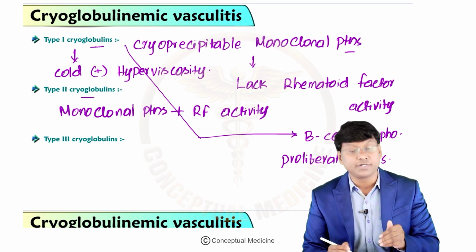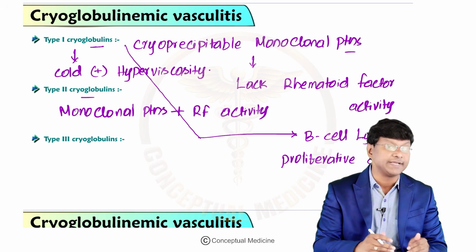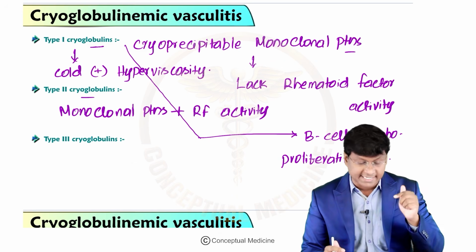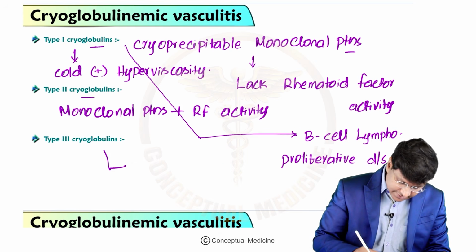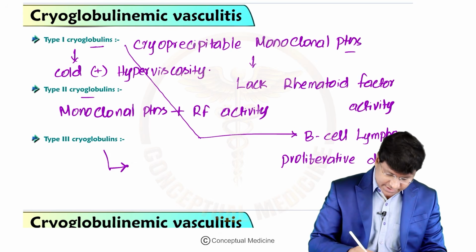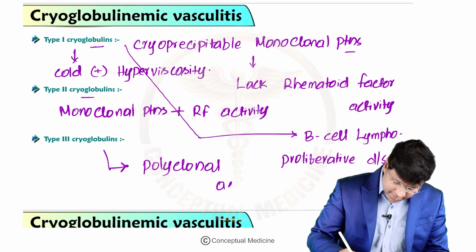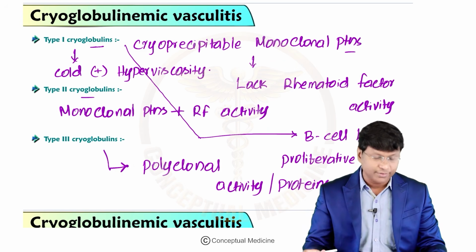That is the difference between type 1 and type 2 cryoglobulins. Type 2 cryoglobulins are associated with the development of vasculitis. Whereas type 3 cryoglobulins have polyclonal proteins.